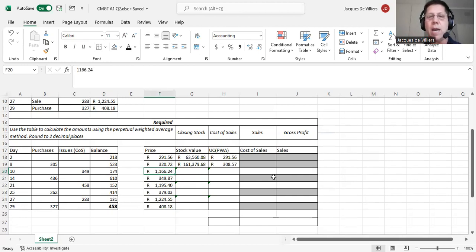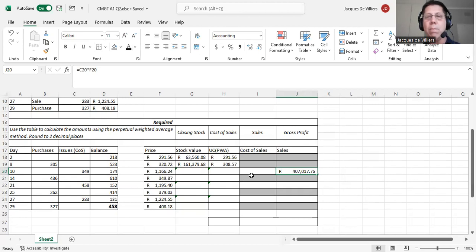But in any case, our sales will then be that unit sales price. The other small amounts here are cost, and this is a sale, obviously. The sales price multiplied by the 349 units will give me my sales, and that is a nice sale of 407,000. Okay, so far so good.